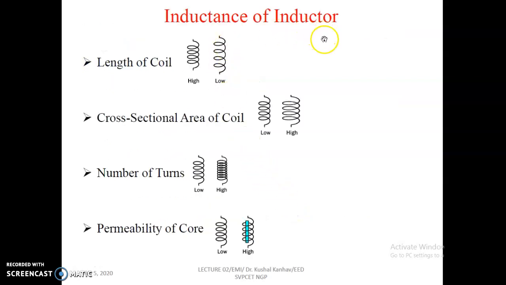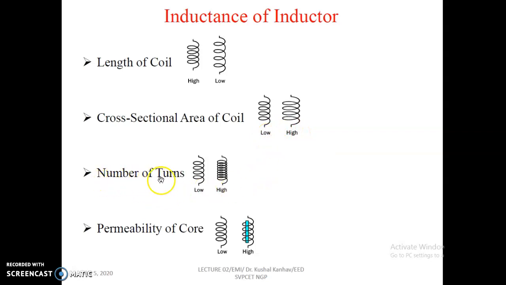Now the inductance of the inductor depends on different parameters. So these are the factors which decide the inductance of the inductor. First factor is length of the coil. If the length of the coil is more, then the inductance is less, and it is exactly opposite: if the length is less, the inductance is high. It also depends on cross-sectional area of the coil. If the cross-sectional area is more, then the inductance is high, otherwise it is less.